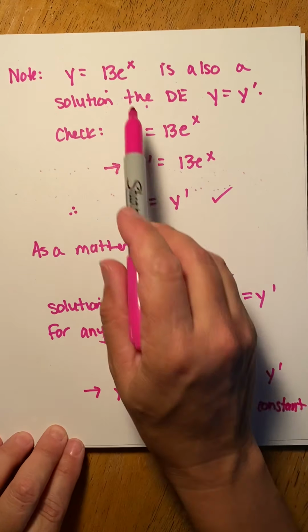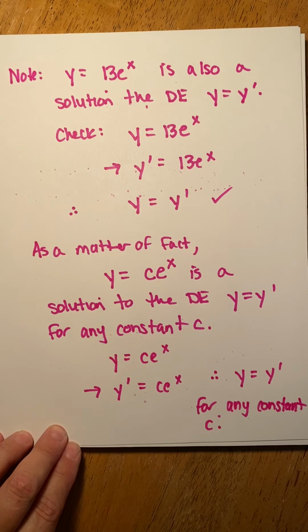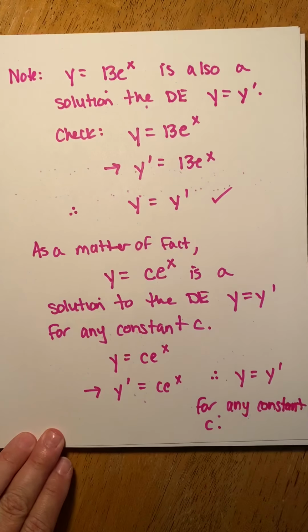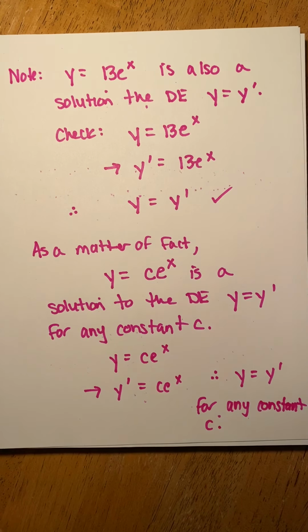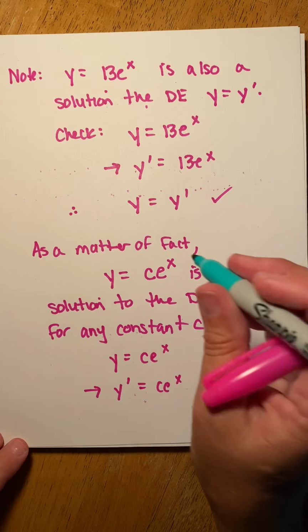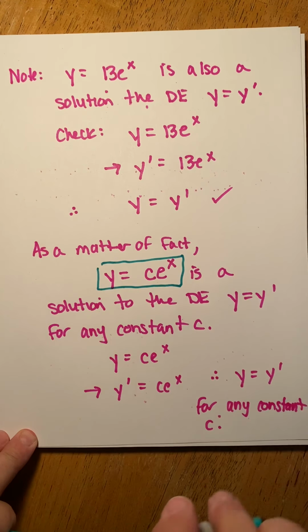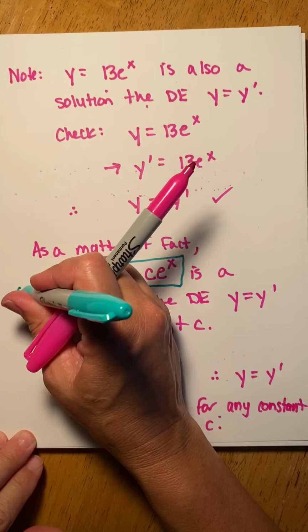Here, up here, the constant was 13. Down here, the constant we don't see is 1, but I could put any number up front and it would satisfy the differential equation. This is called a general solution when we have a constant in there that's allowed to vary.